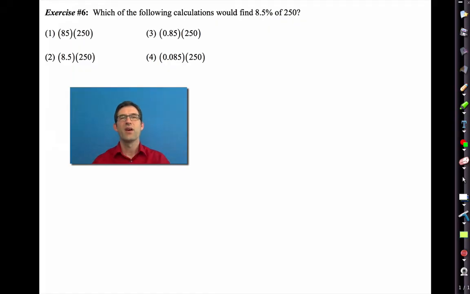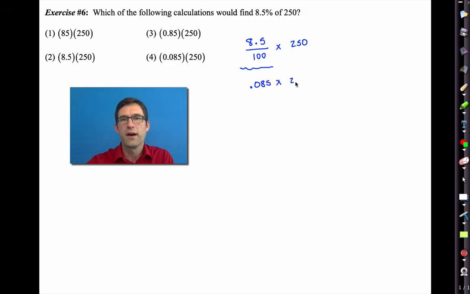All right, well, the trick is to do 8.5 divided by 100 times 250. If we need to, we could take our calculator out, and what we'd find is that that's 0.085 times 250, and that is choice 4. All right, so that's it. Okay, I'm going to clear this out, and then we're going to finish up the lesson.